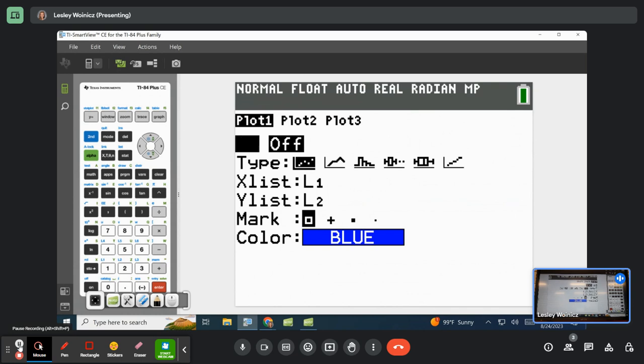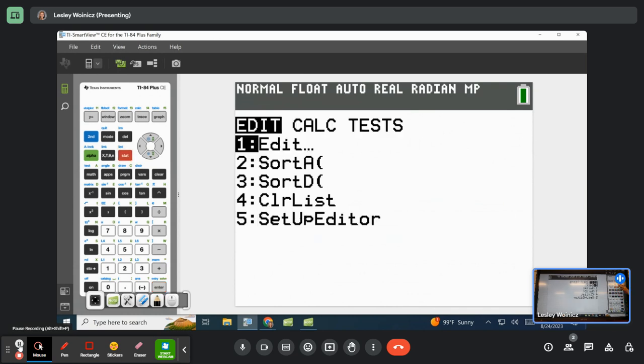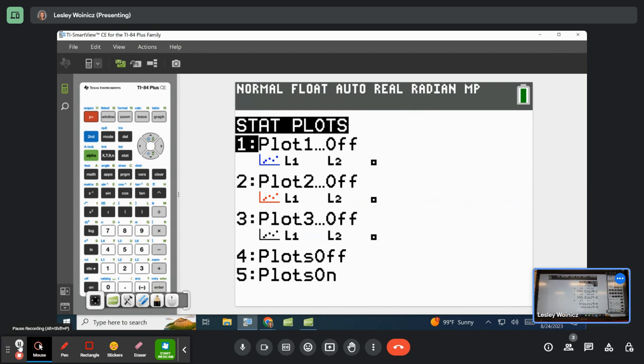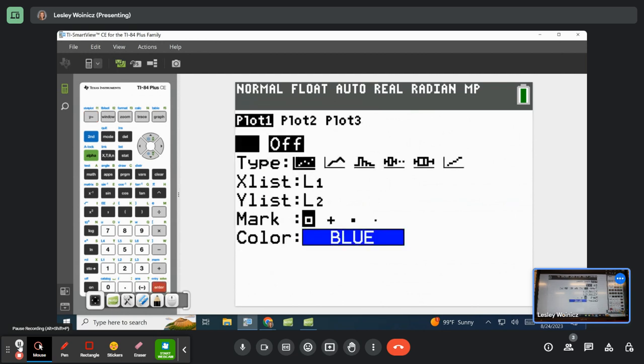Okay, so I'm just in my stat menu, right? So I'm going to 2nd, Y= to the stat plots. Okay, do you see that right now it says Plot 1 is off? I want to change that, so I'm going to select it by hitting enter. Now do you see that I can hit enter again and turn it on? I'm going to turn it on.